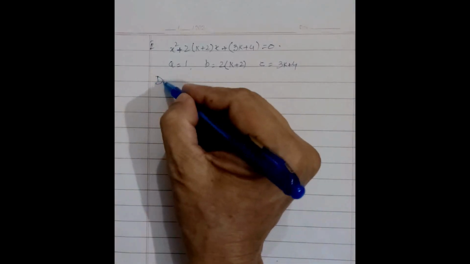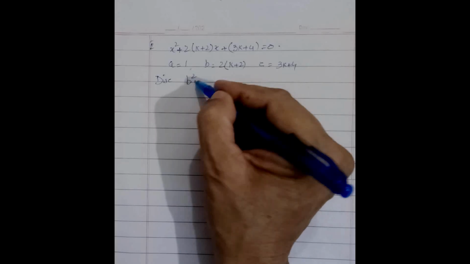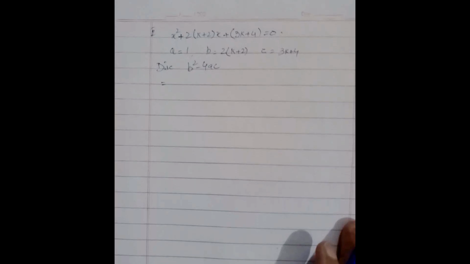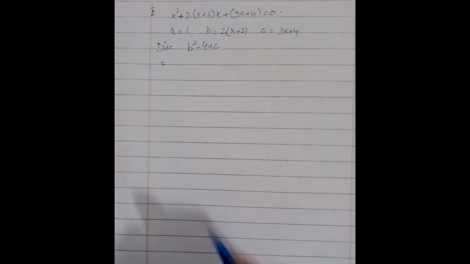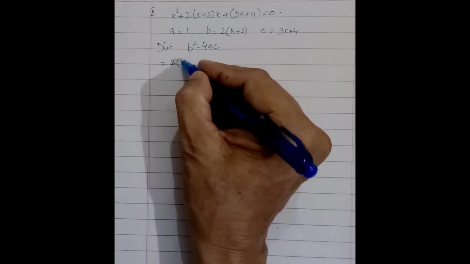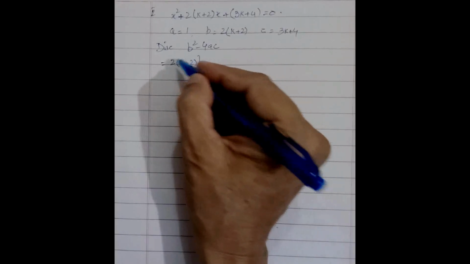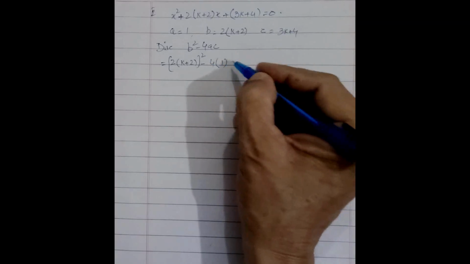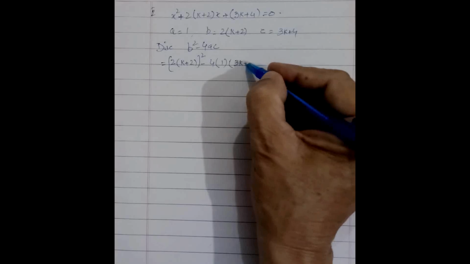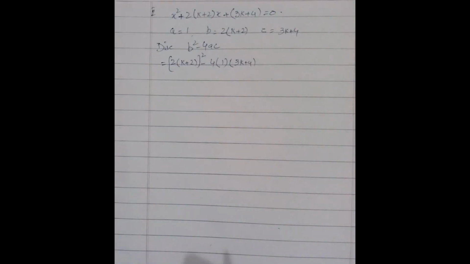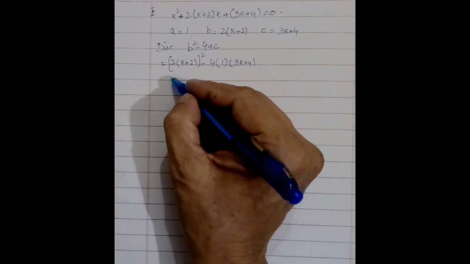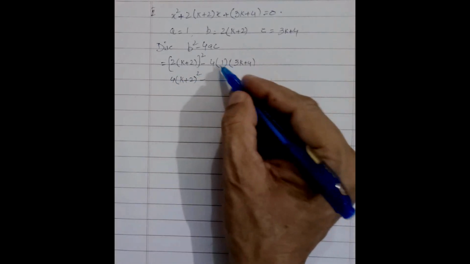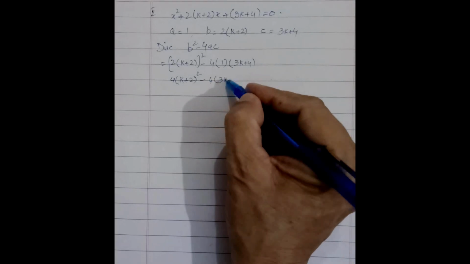And the discriminant is b square minus 4ac. Put the value of a, b and c in the discriminant, we get (2(k plus 2)) whole square minus 4 into a is 1 and c is equal to 3k plus 4. Now simplify these values, we get 2 square 4, (k plus 2) whole square minus 4 ones are 4 into (3k plus 4).